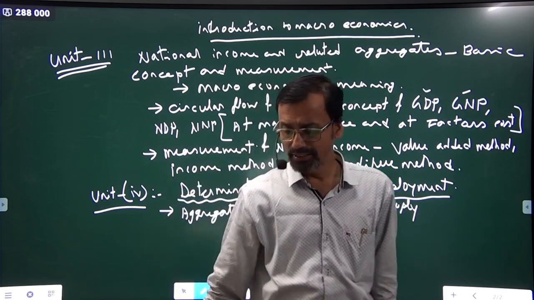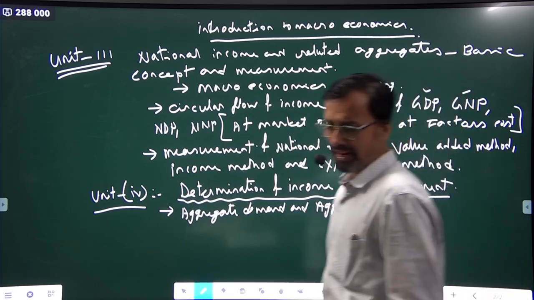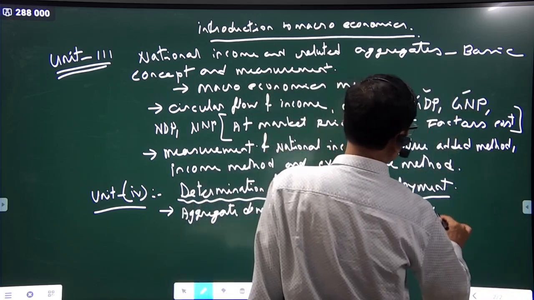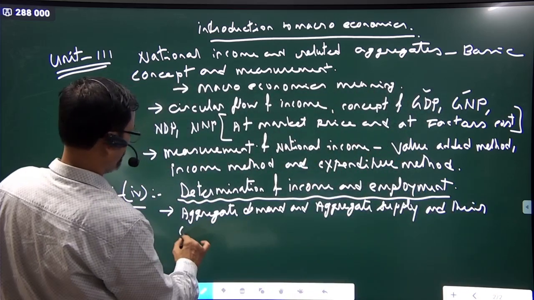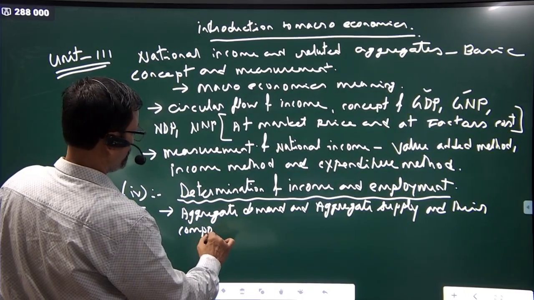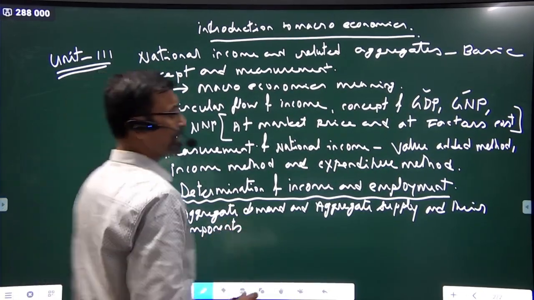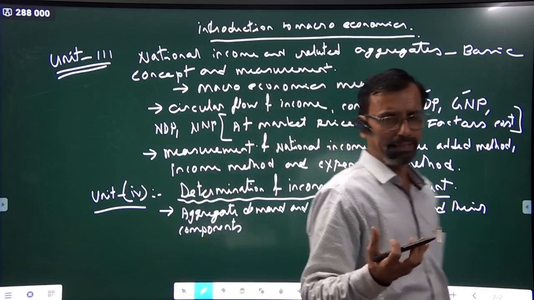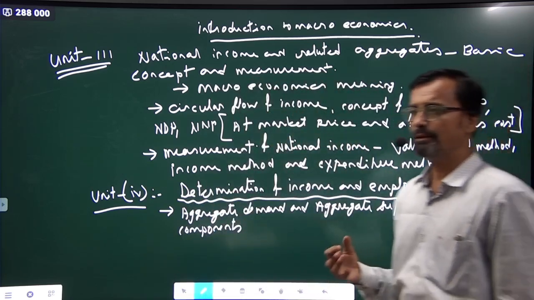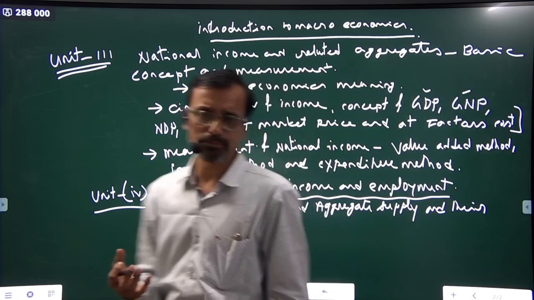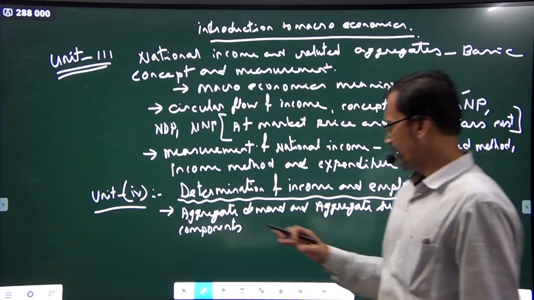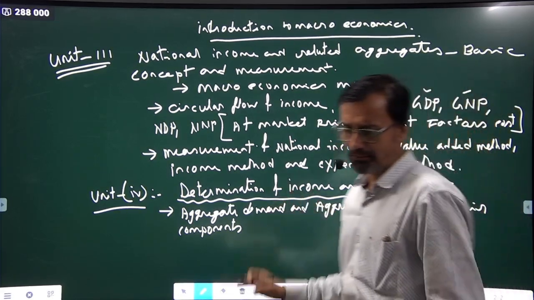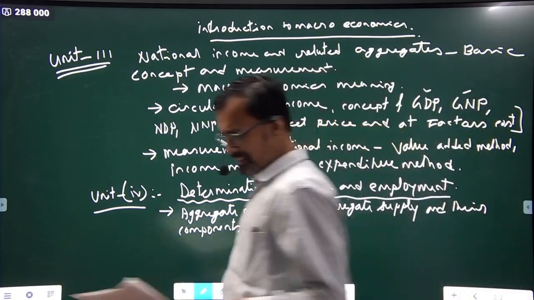Aggregate demand and aggregate supply and their components. That is, what are the different components of aggregate demand, such as consumption, investment, government expenditure, net export, etc. We will study every component elaborately.